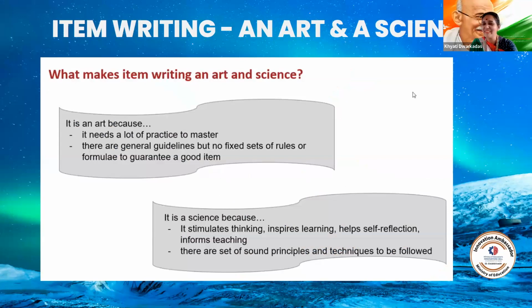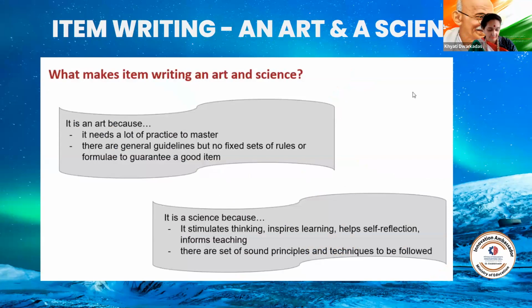So item writing, we know, is an art and a science. What makes item writing an art and a science? It is an art because it needs a lot of practice to master. There are general guidelines, but there is no fixed set of rules or formulae to guarantee a good item.